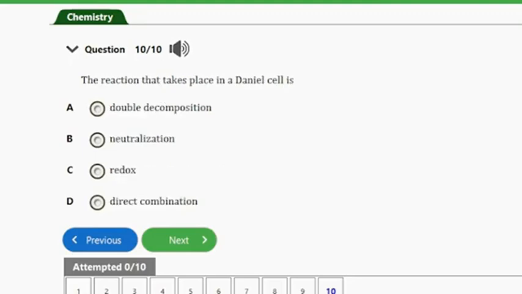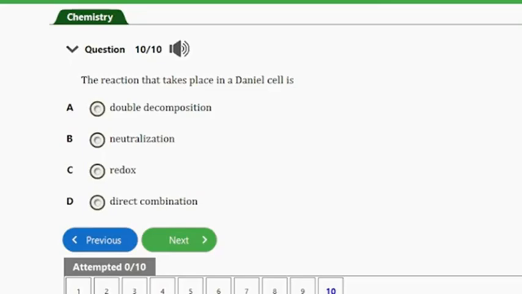So we are here with the last question in this video, and that's question number 10 here. It says the reaction that takes place in a Daniell cell is: A, double decomposition; B, neutralization; C, redox; D, direct combination. So guys, the answer to this question is option C here. That's the redox reaction. So in a Daniell cell, the reaction that takes place is actually a redox reaction.